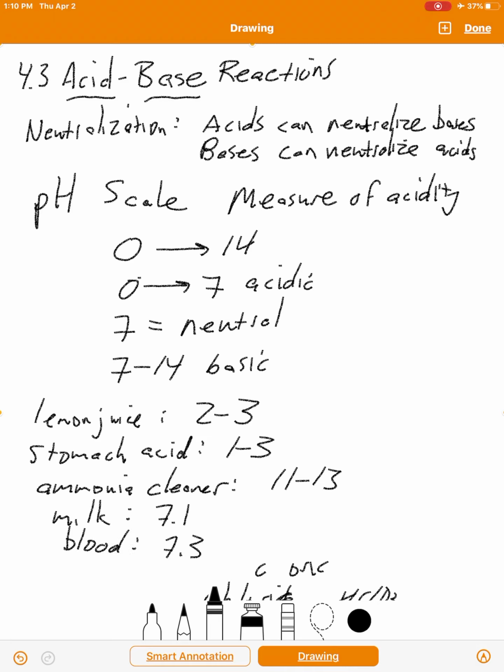So neutralization is the idea that acids can neutralize bases, they can react with them, and bases can do the same thing. So what we want to do is look at how we analyze neutralization. One way to analyze it is qualitatively through molecular, ionic, and net ionic equations, just like we did with precipitation reactions, right?